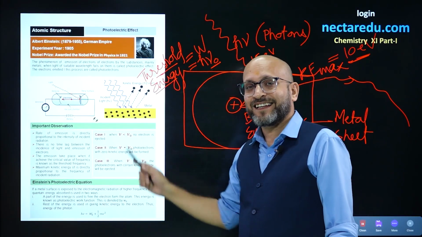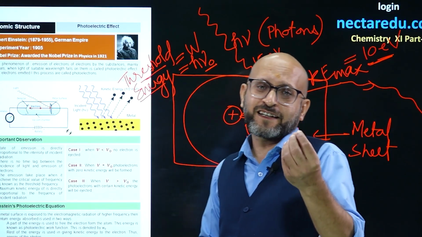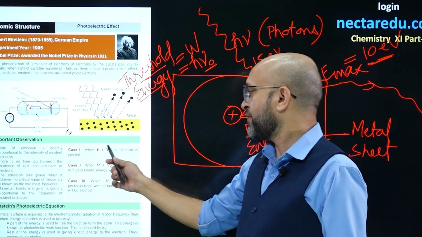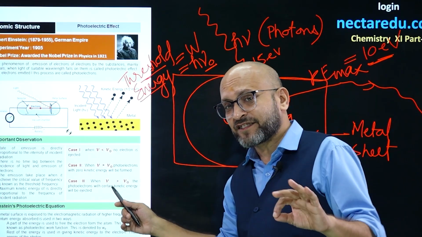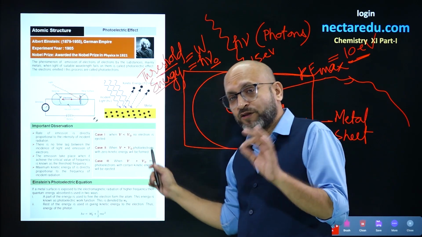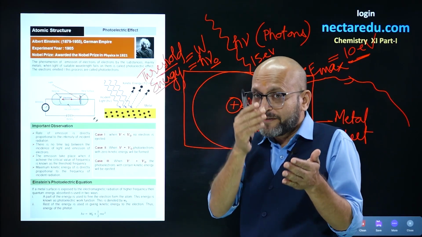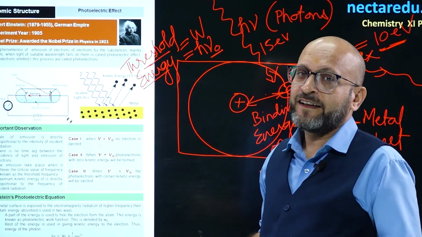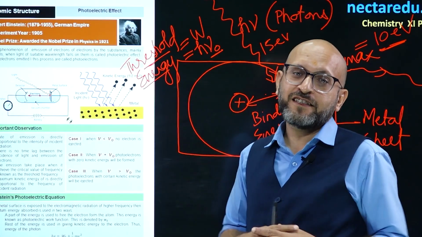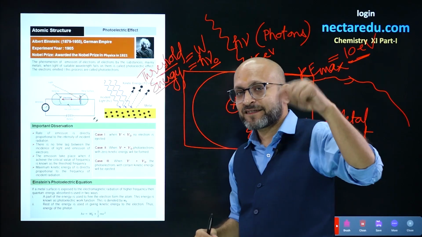If frequency is lesser than the threshold frequency, which you can also call the critical frequency, the minimum frequency for which ejection happens, there is no ejection of electrons. If the falling light has a frequency equal to the threshold frequency, electrons will be ejected but kinetic energy will be zero. But when the frequency of falling light is more than the threshold, then ejected electrons have kinetic energy, and it goes up and up as the falling light has greater energy.